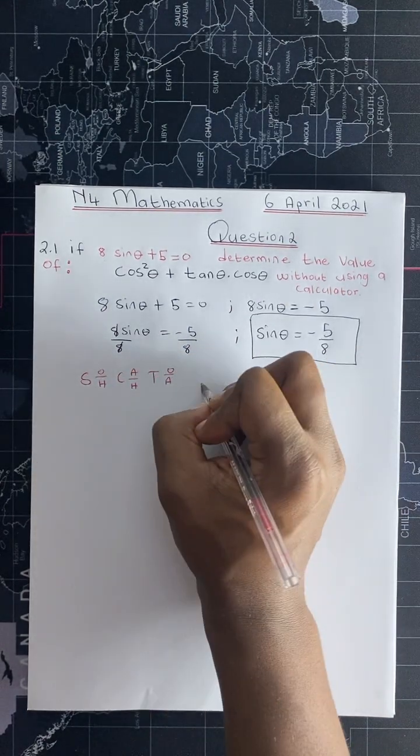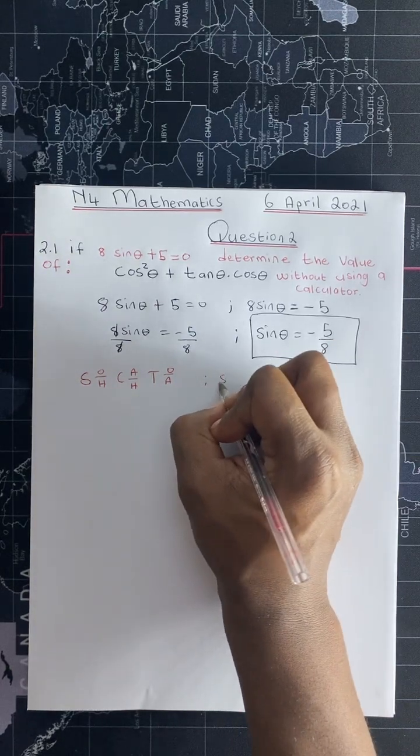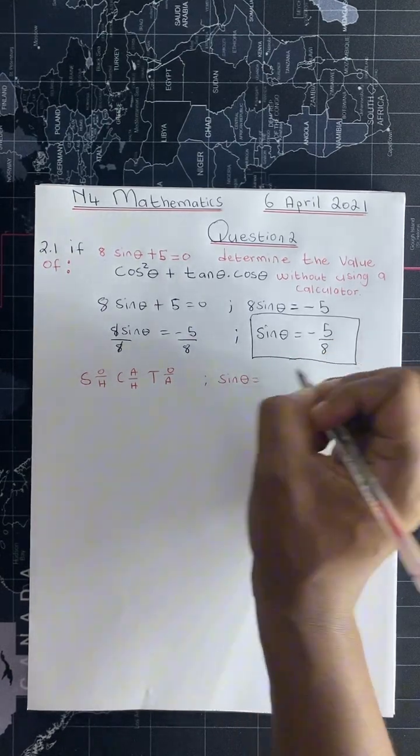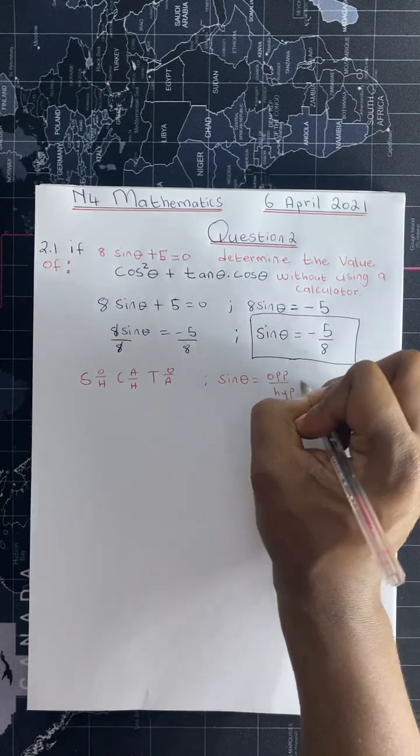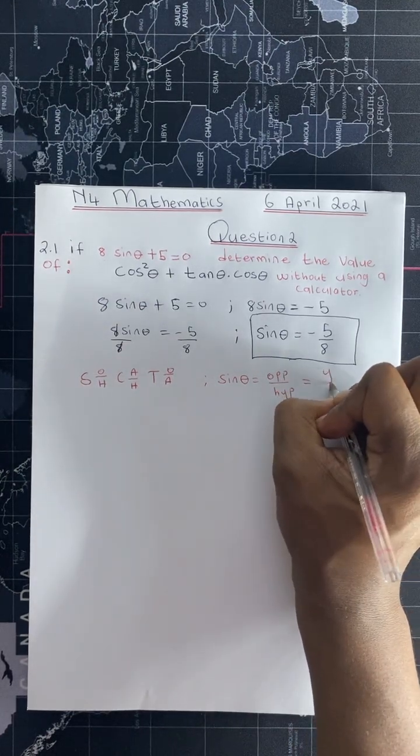And sin theta is equal to opposite over hypotenuse, which we can also write as y over r.